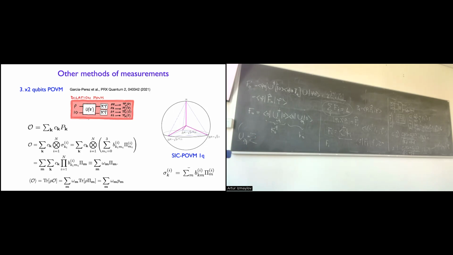We could do pretty much anything we want, as long as it's unitary. So parameterization for the unitary would be a product of Paulis, that is, 2-qubit Paulis.